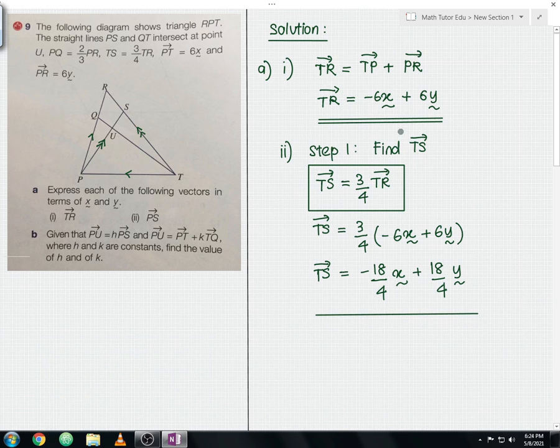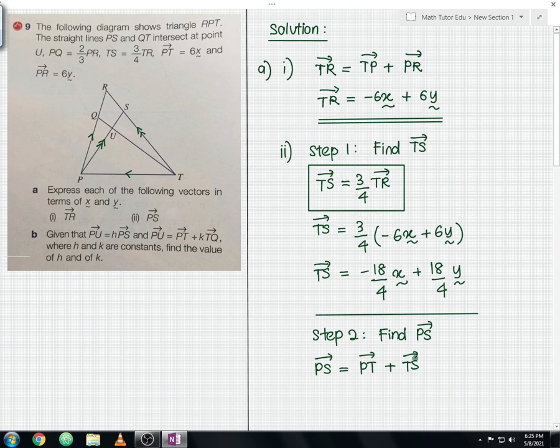Once you have found the vector TS, the next step will be finding the vector PS. Let us proceed to the next step. Step 2, find vector PS. Vector PS can be found using the addition of vector PT plus vector TS.